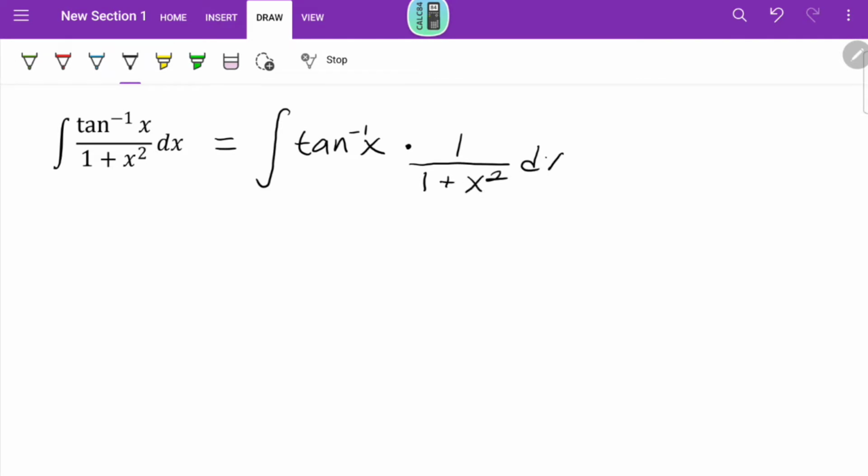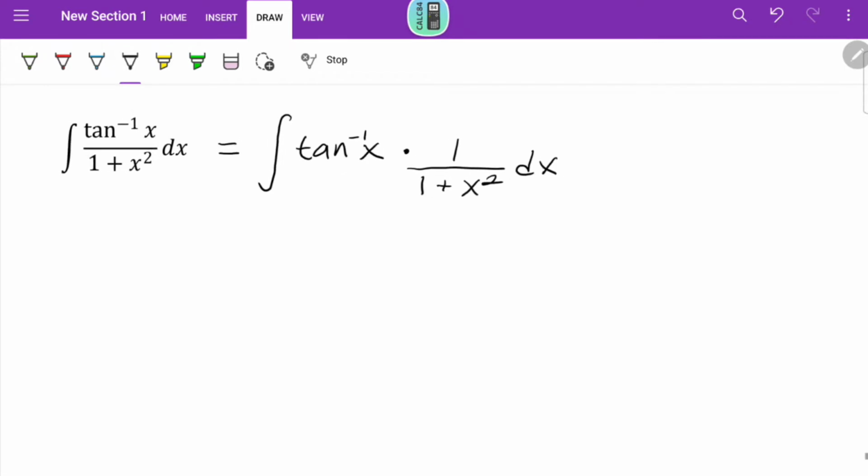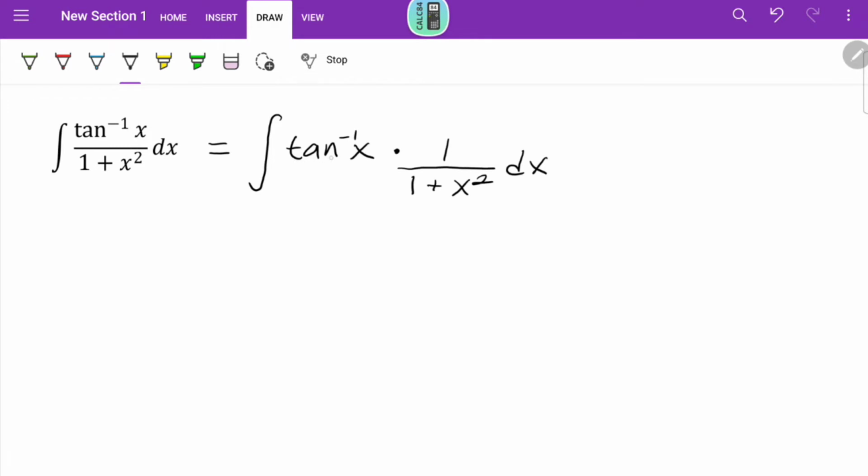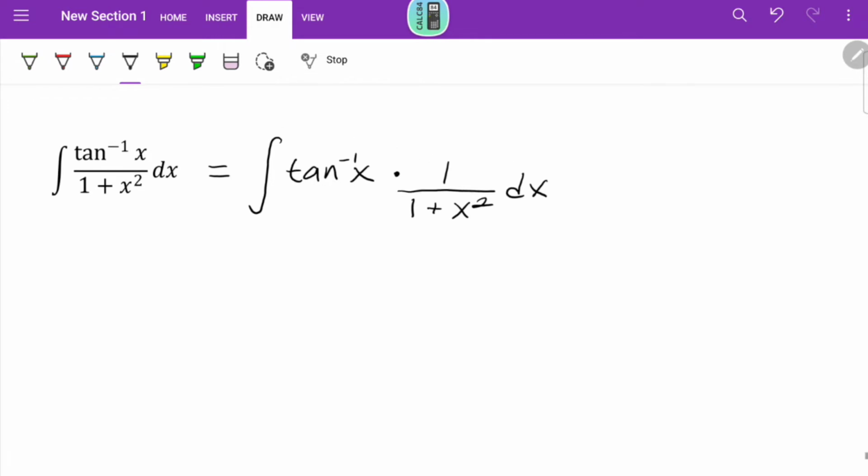I have my dx over here. And if you want to go back to the same thing, you can just put this over 1. Inverse tan times 1 is inverse tan. 1 times 1 plus x squared is just 1 plus x squared. But the reason why I did that is because we can see you have an inverse tan and a 1 over 1 plus x squared.